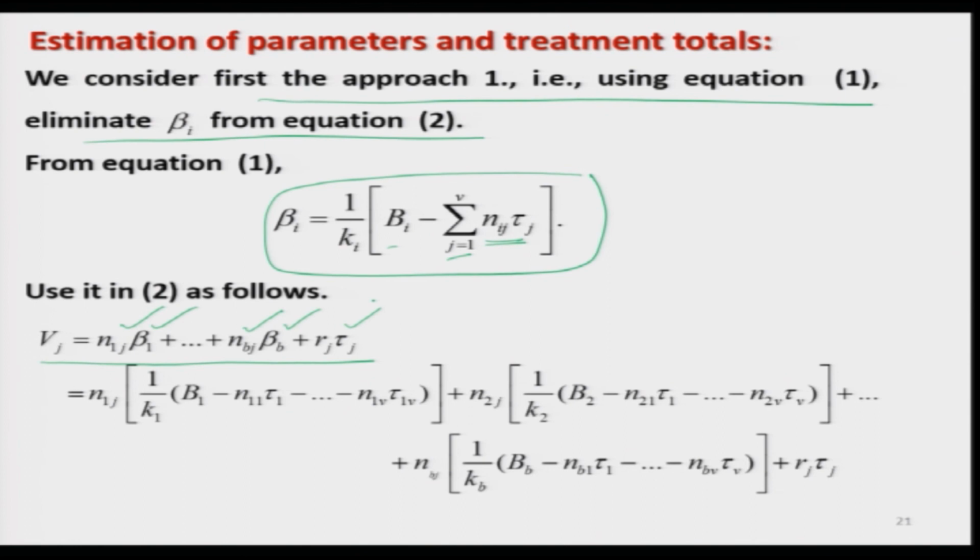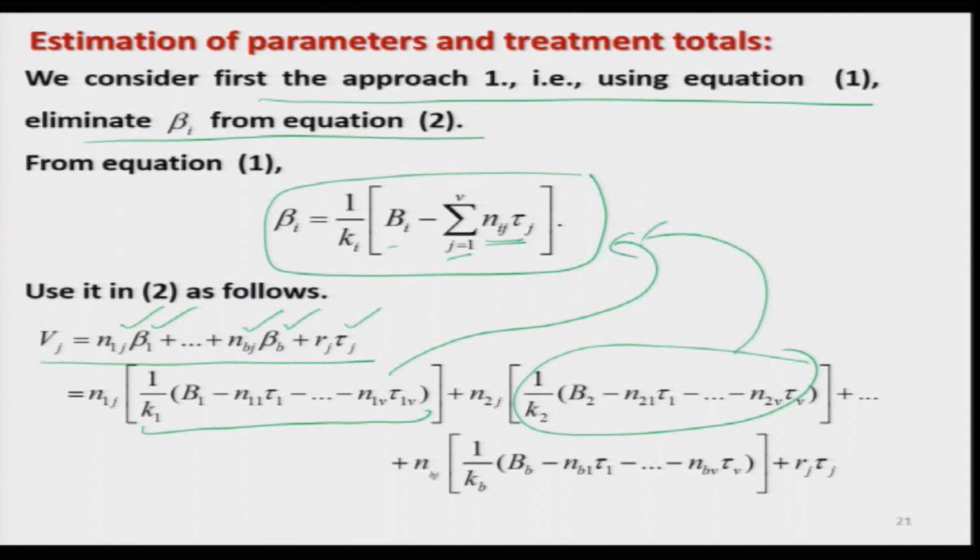Now I substitute the value of beta 1 obtained by putting i equal to 1, then obtain the value of beta 2, and similarly the value of beta b using this beta i.